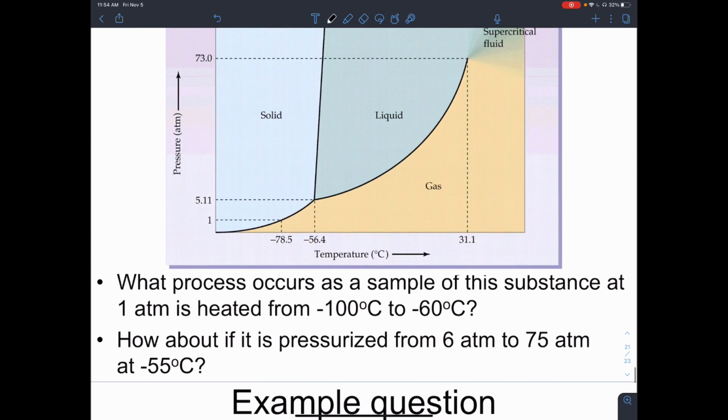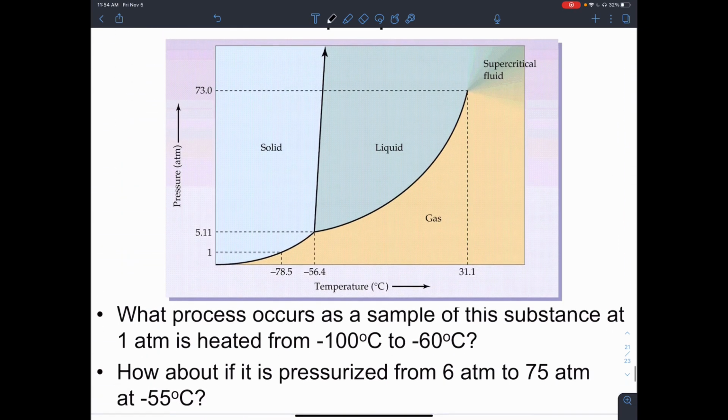So here's a sample question for the ones that we'll do for homework. What process occurs as a sample of this substance at 1 atmosphere, so we'll find 1 atmosphere, is heated from negative 100 degrees Celsius to negative 60 degrees Celsius. So on this schematic, negative 100 might be right here, and negative 60 might be right here.